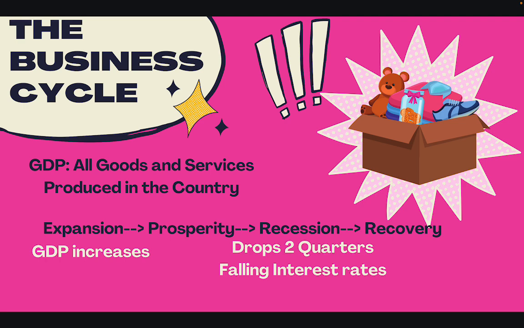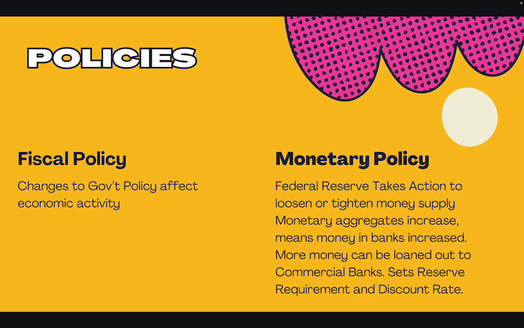Now, the definition of a recession is if there are falling interest rates for two sequential quarters. So if the interest rates drop for two sequential quarters, then you are said to be in a recession. After recession comes recovery. After recovery comes expansion, and then the cycle starts again.